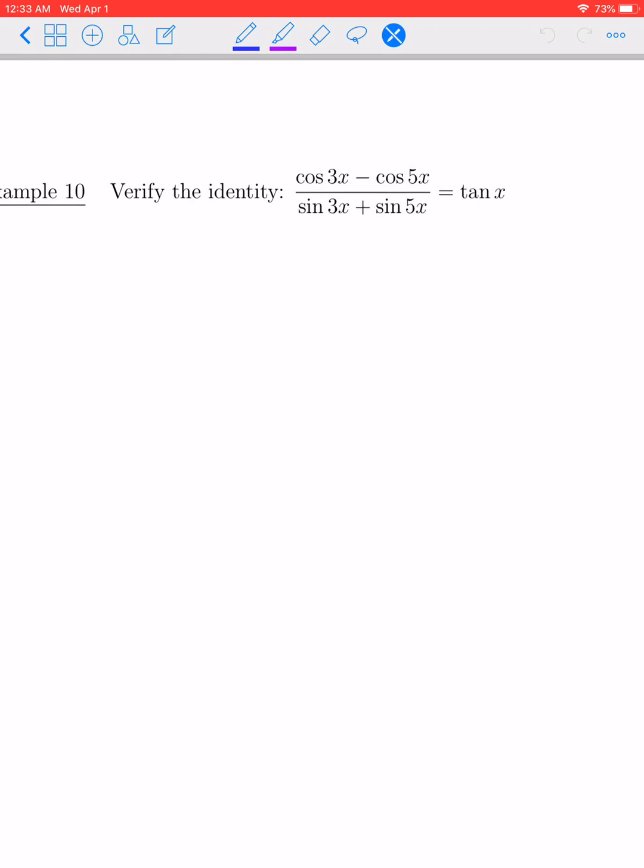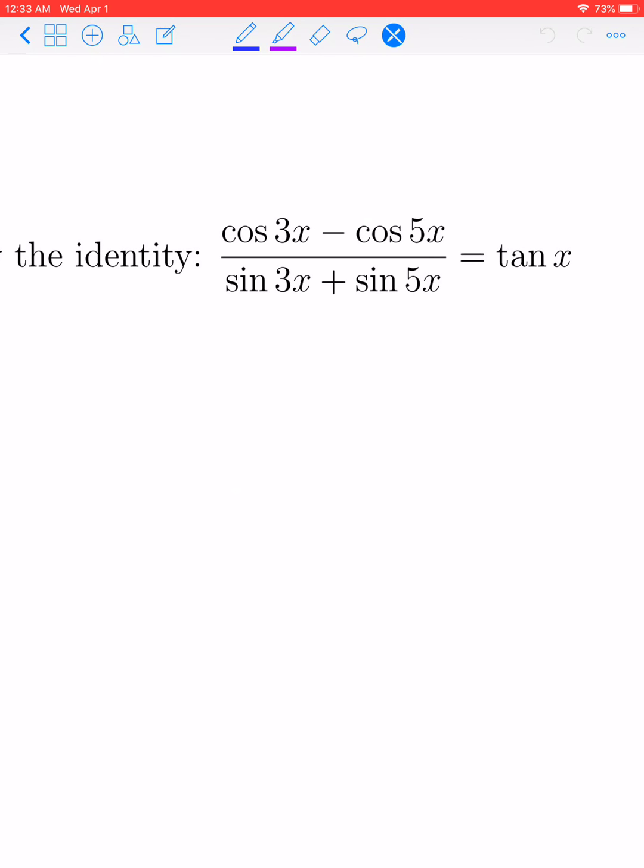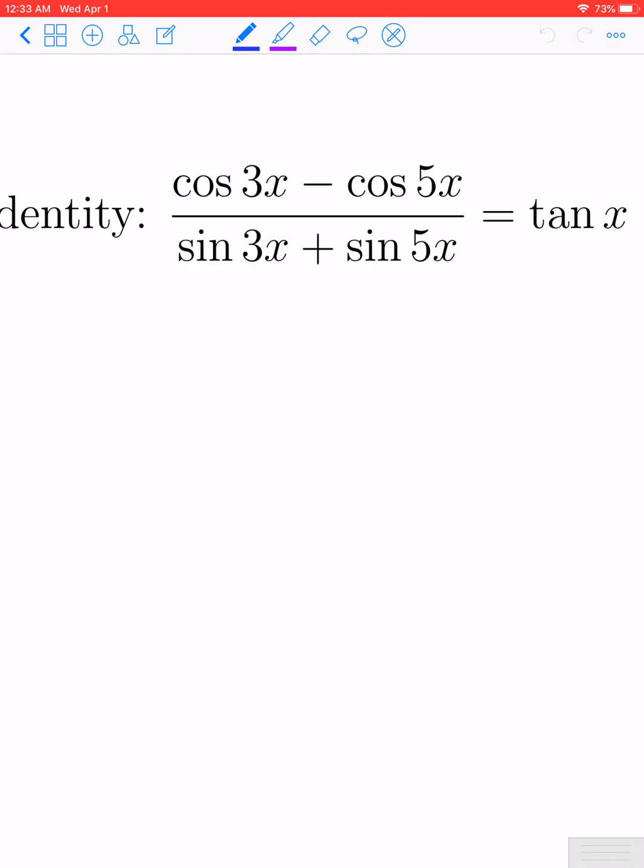So the first thing we would notice, if we look at the cosine of 3x minus the cosine of 5x, is that it looks like the difference between two cosines, which we could write as a product. And in the denominator, we have the sine of 3x plus the sine of 5x, which again we can write as a product. So let's use our brand new formulas for this.